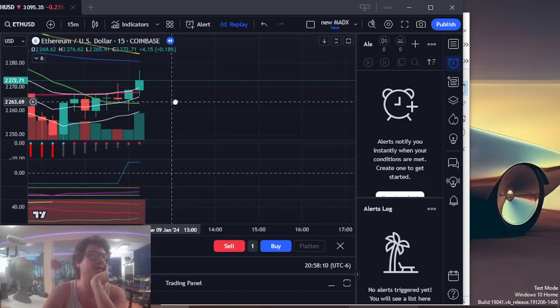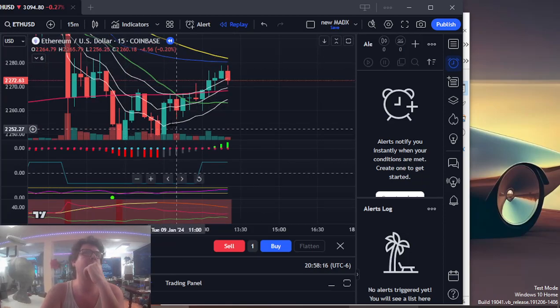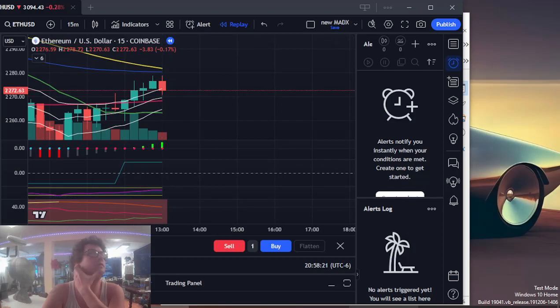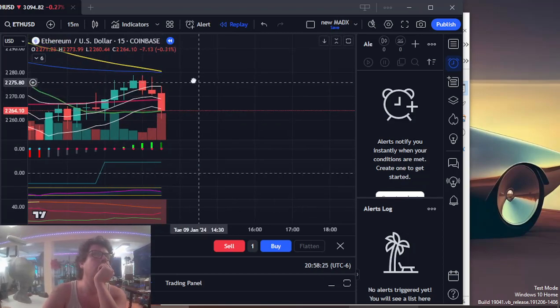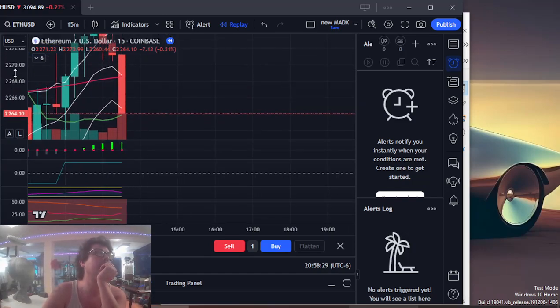The volume's not telling the right story here. This double bottom did end up kind of working though. See? Is that below it? Nope.